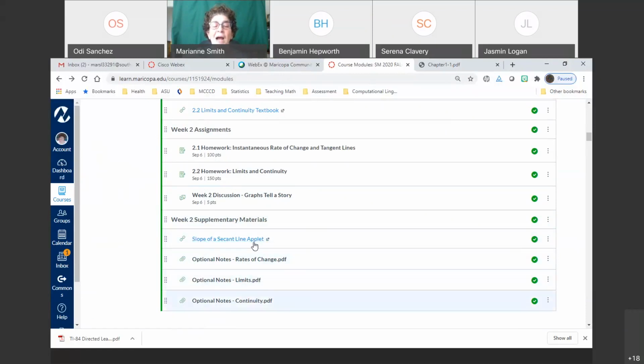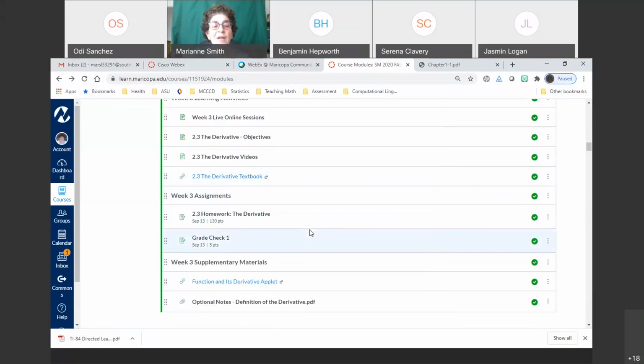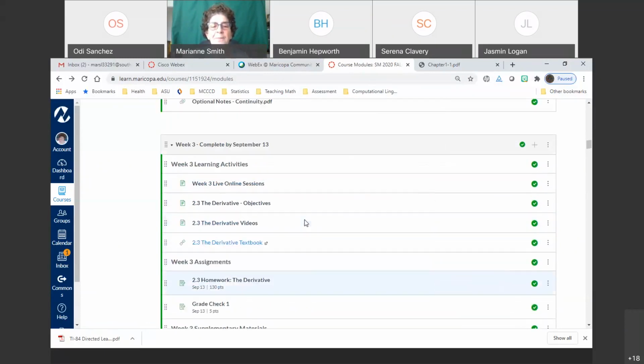These are optional notes that I may use in class. Because calculus is the math of change, I sometimes like to put in interactive applets. This is a link to an app that will actually let you play with the concepts. So this is pretty much how the course is laid out. I've tried to lay out every week in the same format.